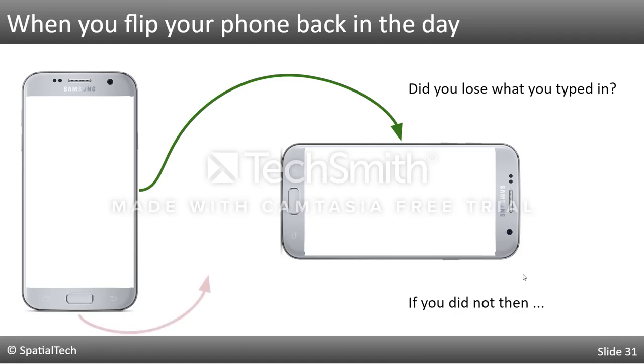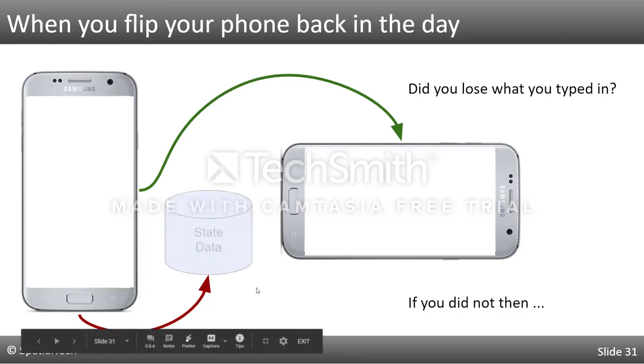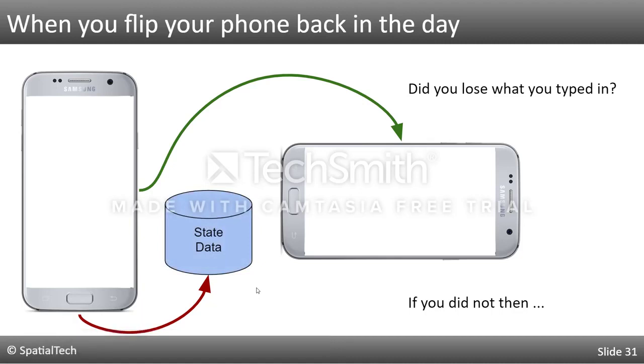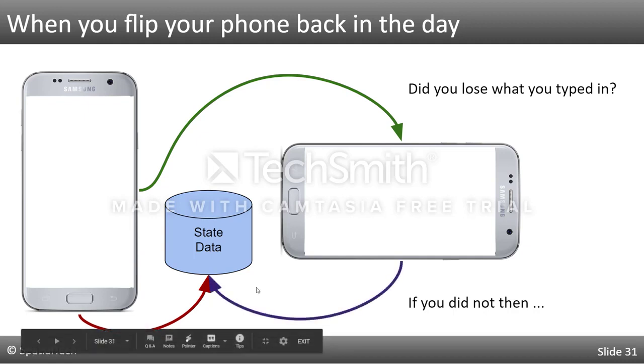The problem was, as your phone starts to sense it rotating, it raises an event: I'm rotating. And then you, as a programmer, could choose to take all the data in the app, save it out to an XML file or an SQLite database, and then once it stopped rotating, go back and read all that data in.